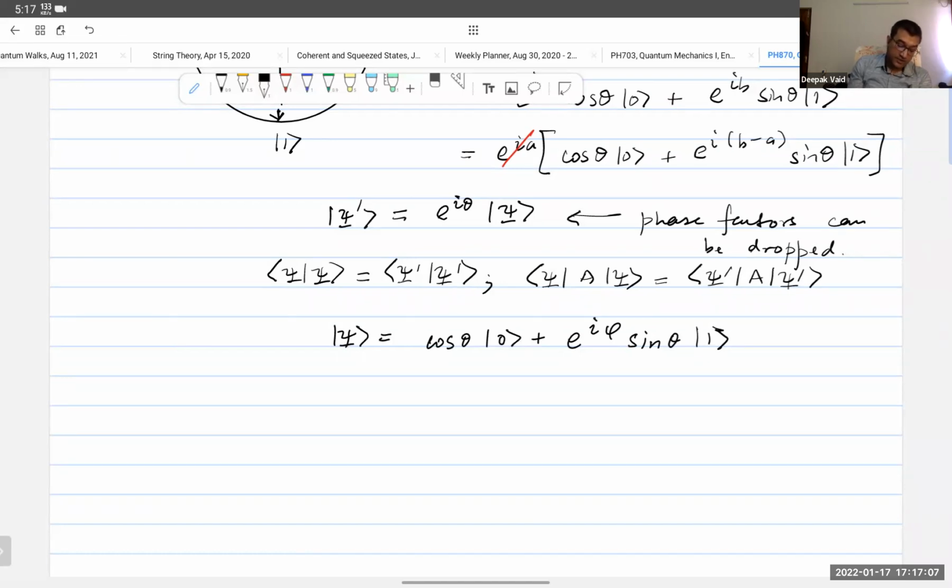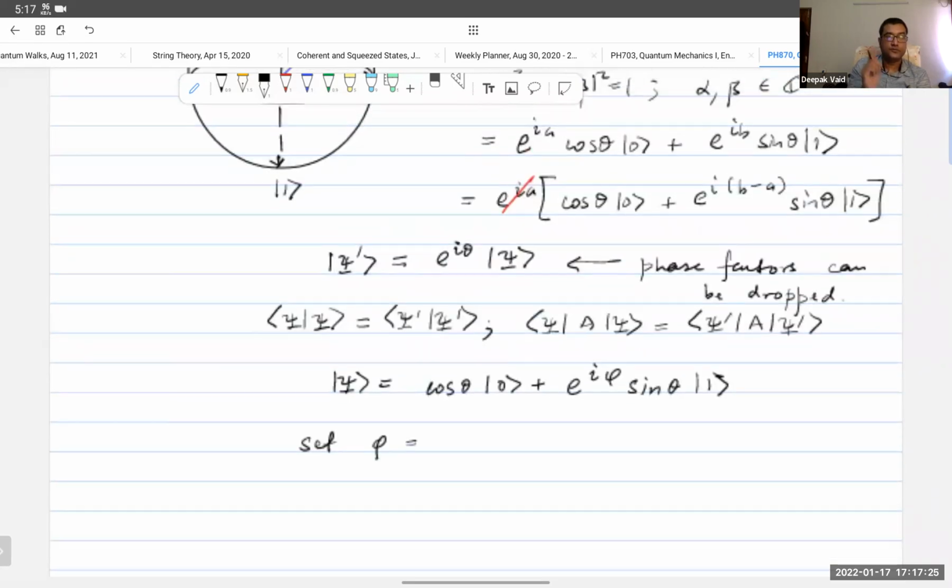So the reason is, for instance, let me set theta to be equal to, let's say, pi by 2.